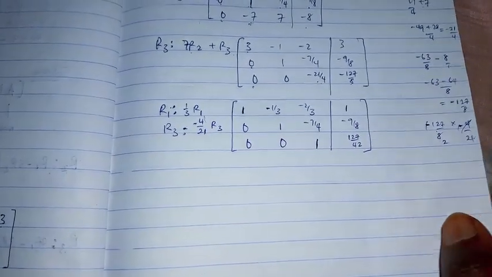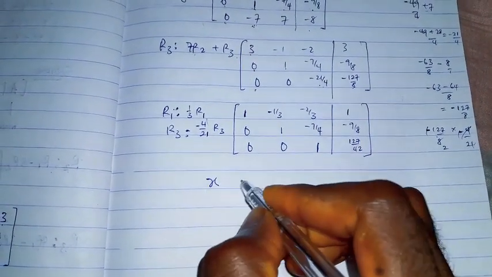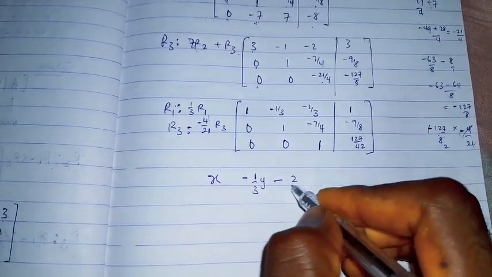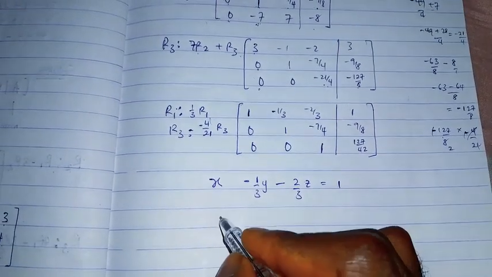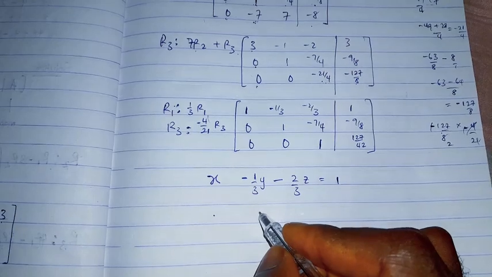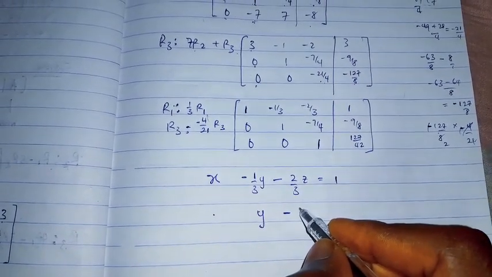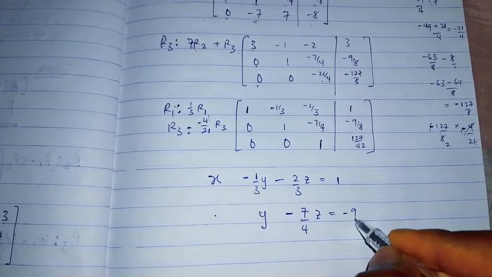Now from here, let's now rearrange our question back. It now means x minus 1 over 3y minus 2 over 3z is equals to 1. It means this is 0x relatively. I have y minus 7 over 4z is equals to minus 9 over 8.